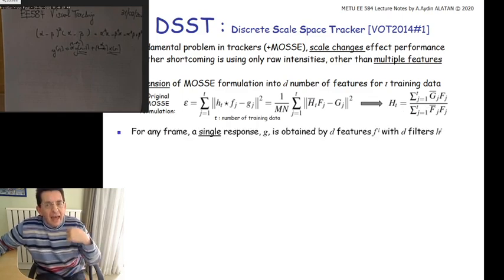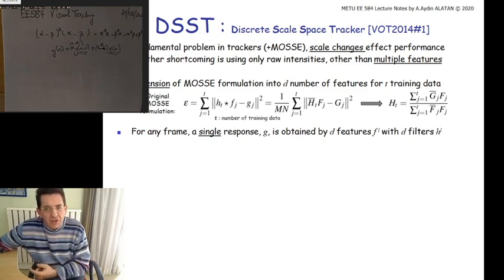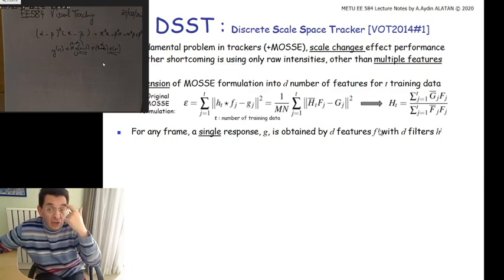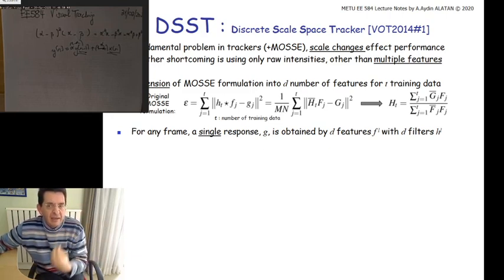Now, assume there are D features, denoted no more with F, but F superscript L. This L shows D number of features, and I need D filters. Every feature domain has a different filter, but this time the response is constant. Therefore, for a single instant, whatever your feature is, the correct G, this response, should be at the shifted position.